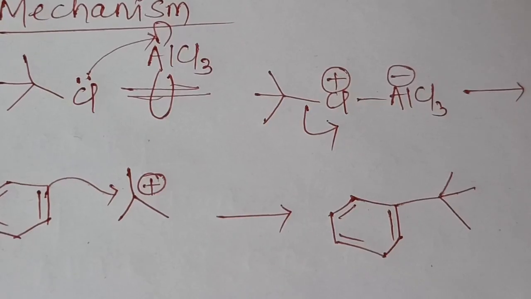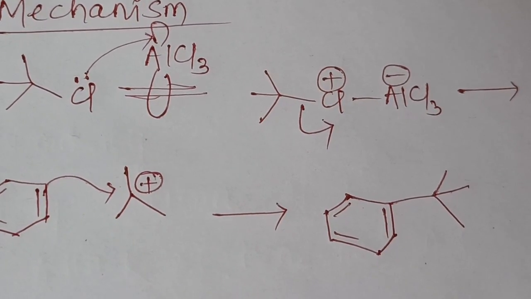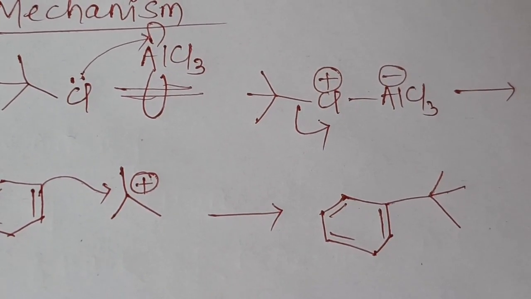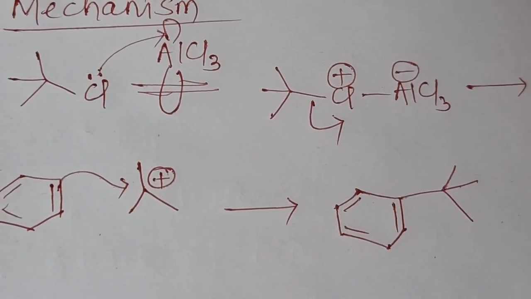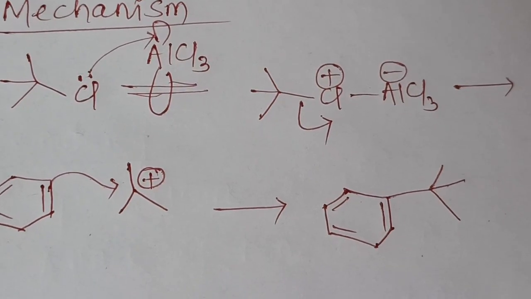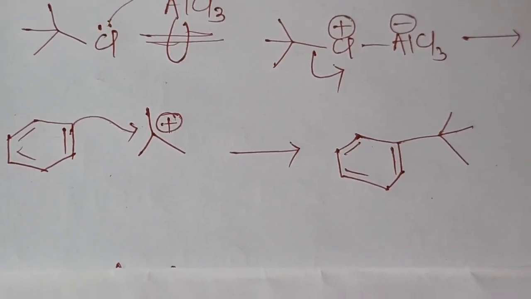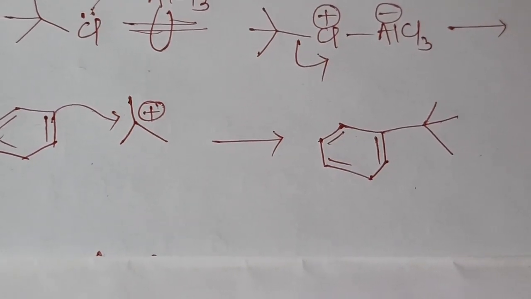We can also use iron chloride FeCl3 or BF3 as the Lewis acid instead of aluminum chloride. Then benzene attacks the tertiary butyl carbocation and gives tertiary butyl benzene.